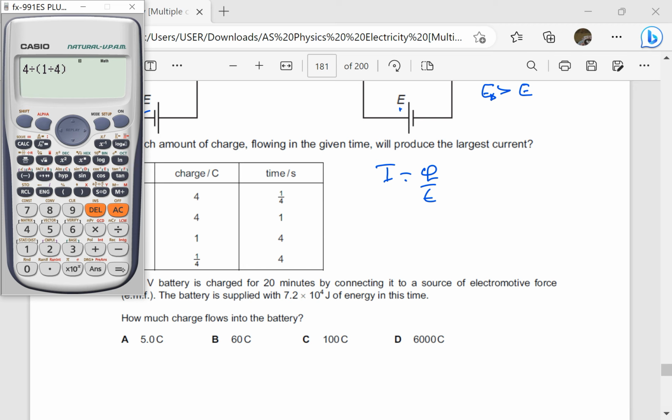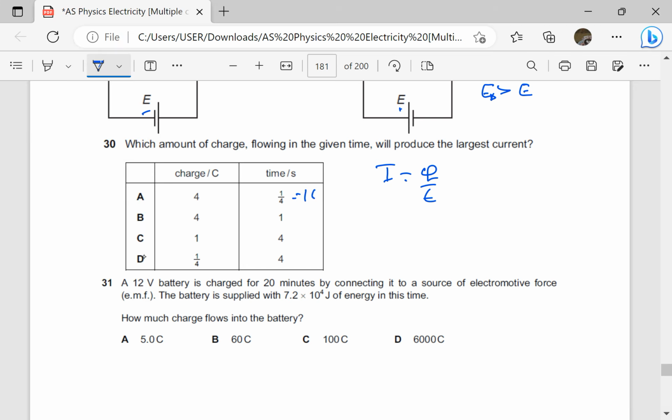I think that is 16, so this is 16 amperes. B is 4 divided by 1, which is 4 amperes. C is 1 over 4 amperes. And D is a quarter divided by 4, which is 1 over 16 amperes. So we see that the largest is going to be A.